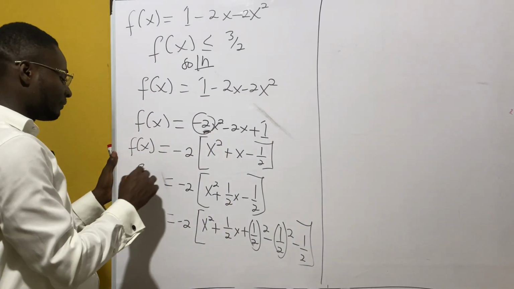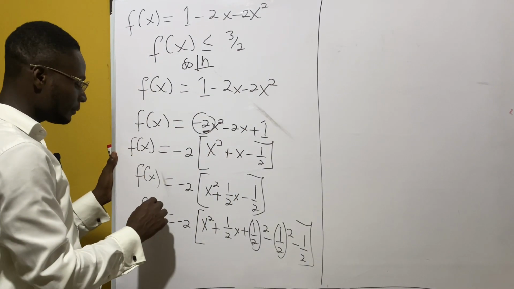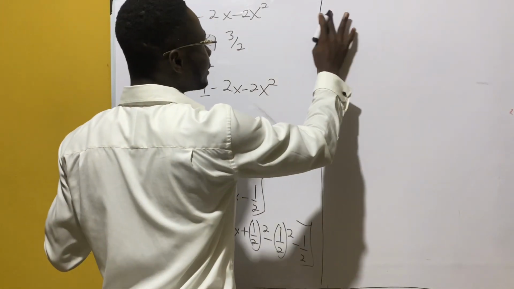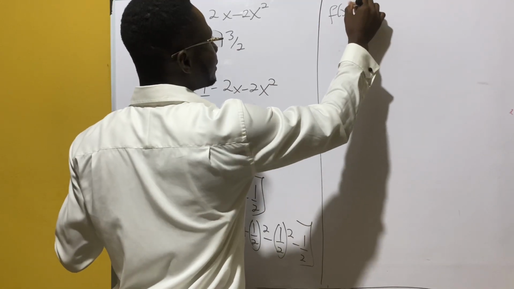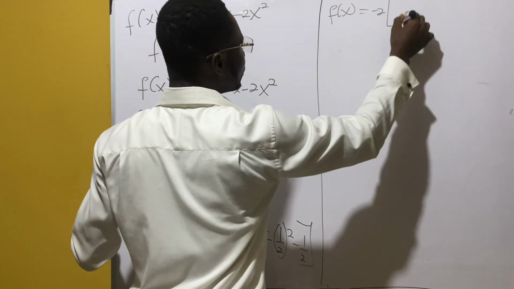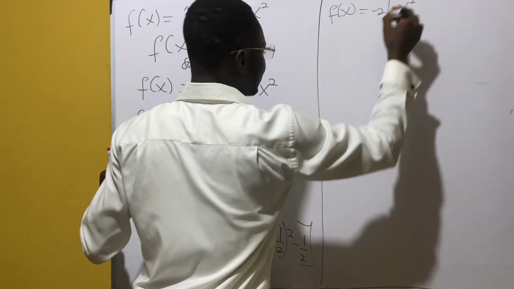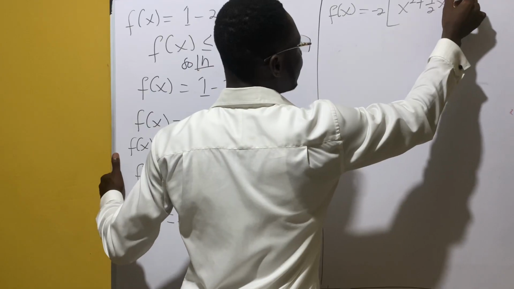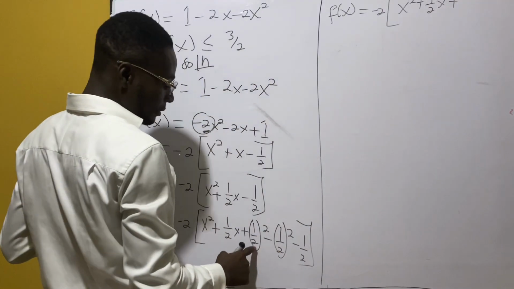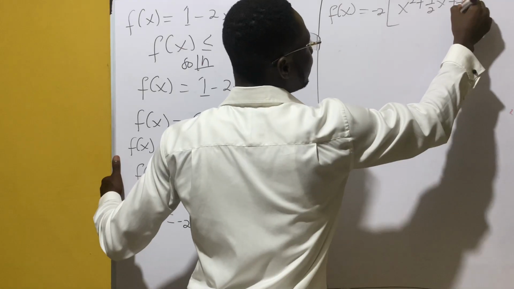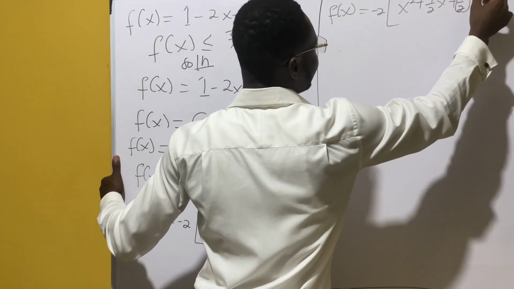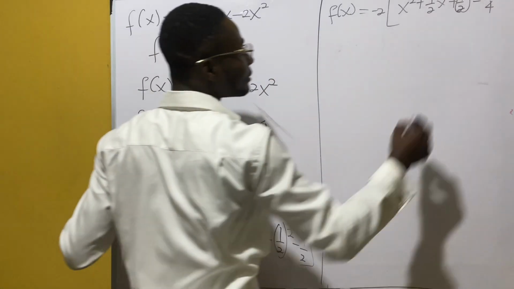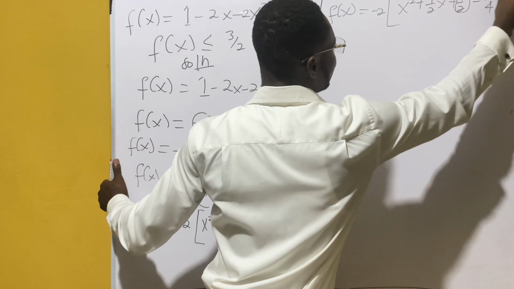So we have that right here. Now we can go ahead and say that f(x) is equal to minus 2 into x squared plus half x plus half, all squared, minus 1 on 4, expanding that, minus 1 on 2.